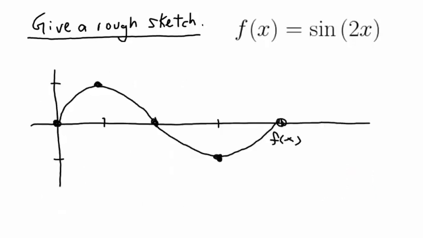So let's go ahead and plot those 5 points, starting at (0, 0). And then our next point was (pi/4, 1), which is here. The next point after that was (pi/2, 0), which is here.